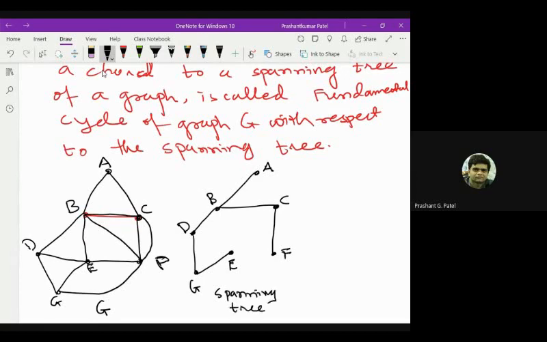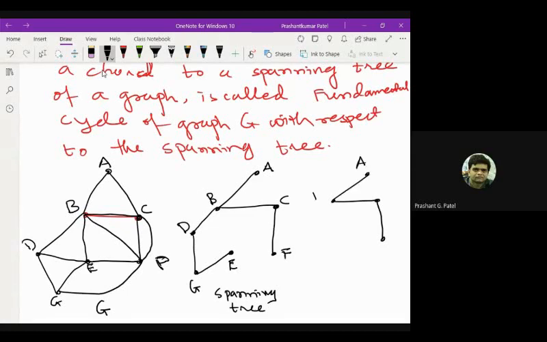Now what is the definition of a chord? To get a fundamental circuit, you have to add one chord to it. One chord means an edge which does not exist in the spanning tree, but is in G. So let me draw this again here.